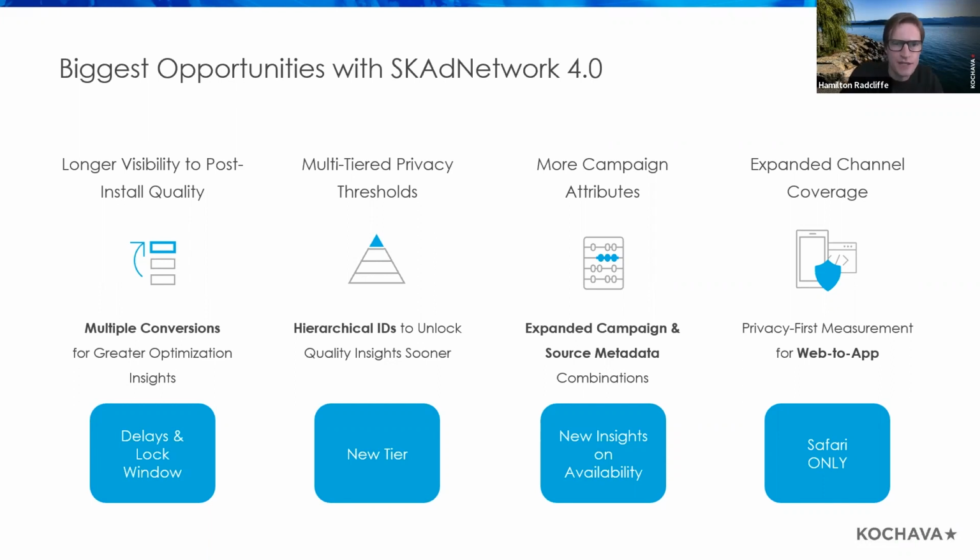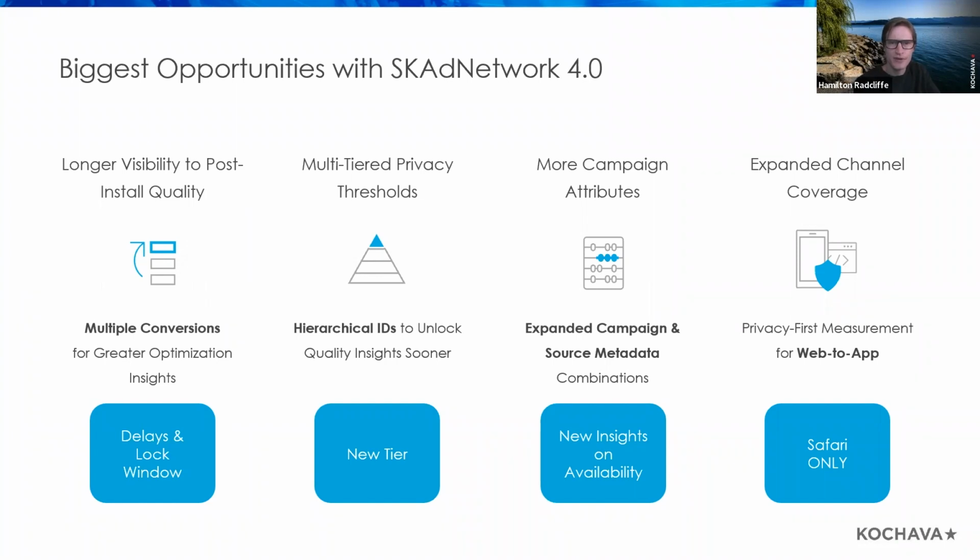There's also going to be something called a lock window. And this is new as part of 4.0 that gives you some additional configuration around when, within a window, you fix in on the conversion value that you actually want sent back for measurement. I'll talk more about that in a later slide.